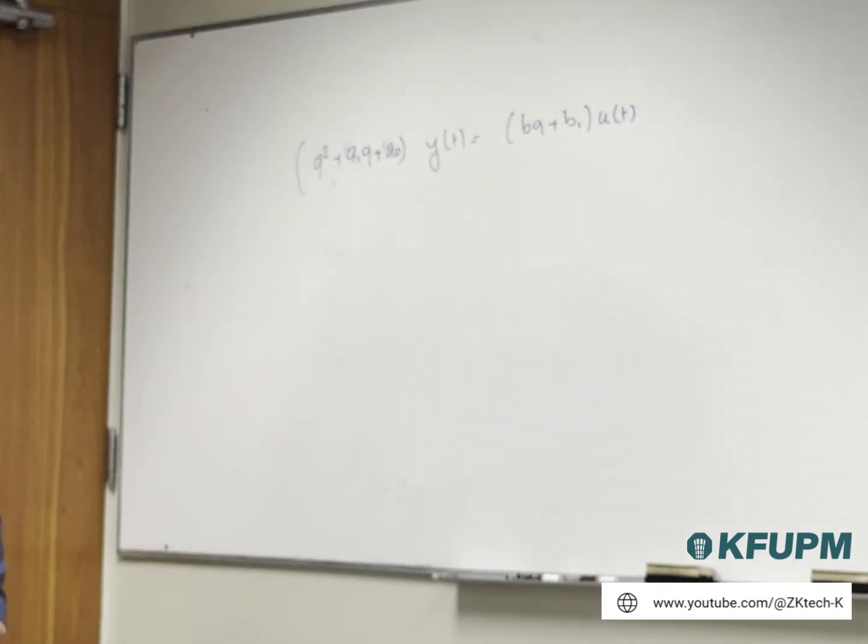Looking at this equation like this, I will not be able to work with it immediately as it is. So I need to manipulate it differently in order to work with it.